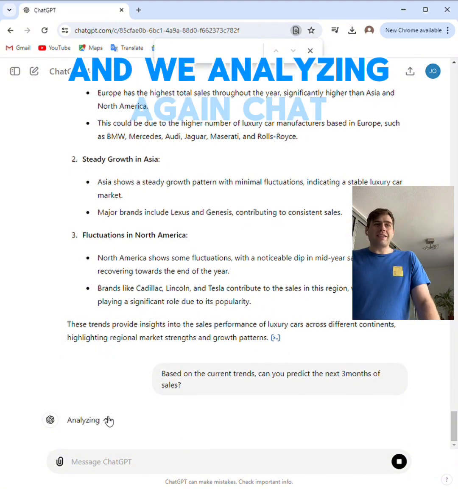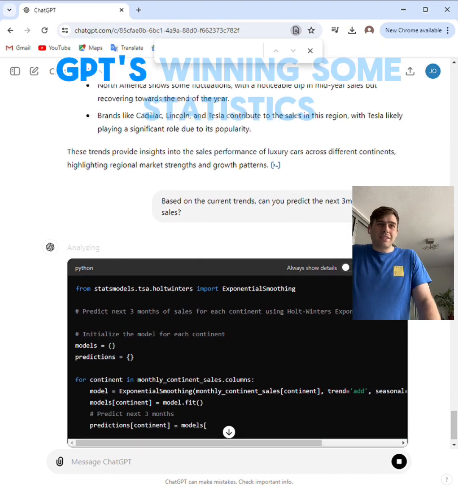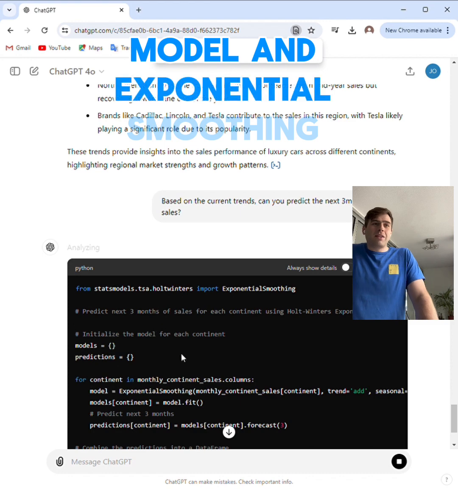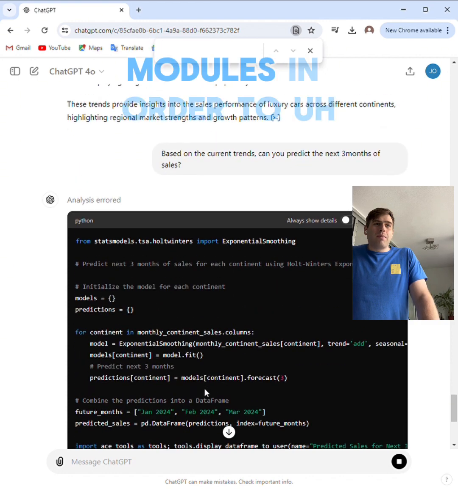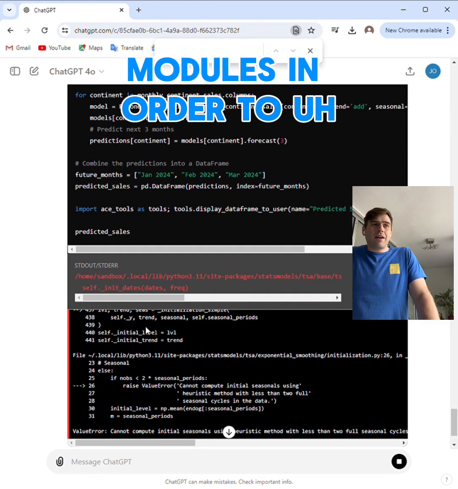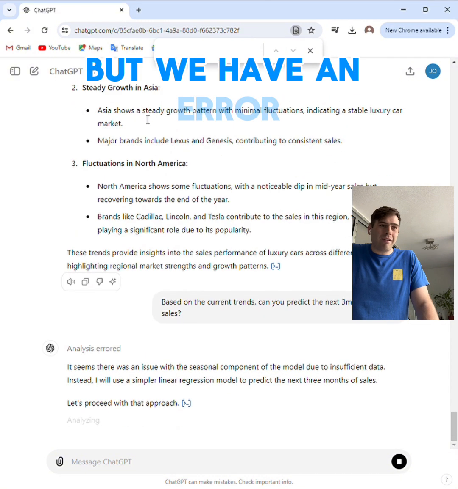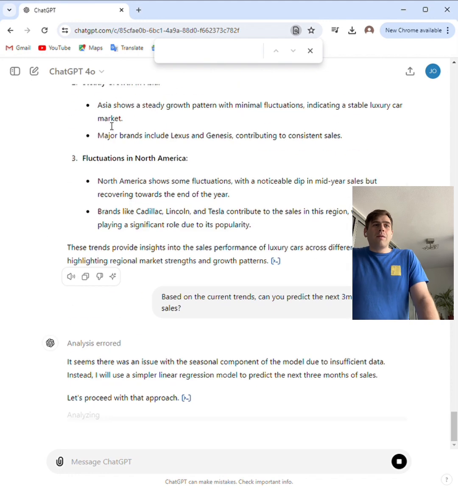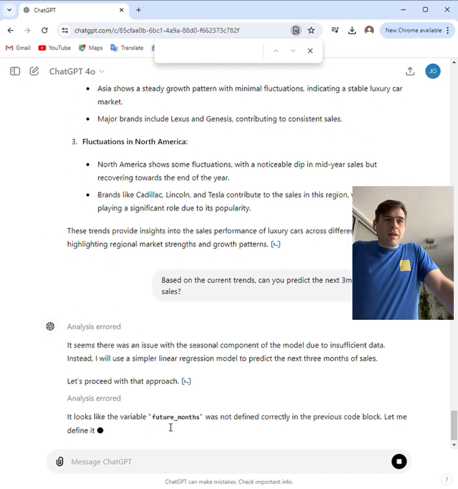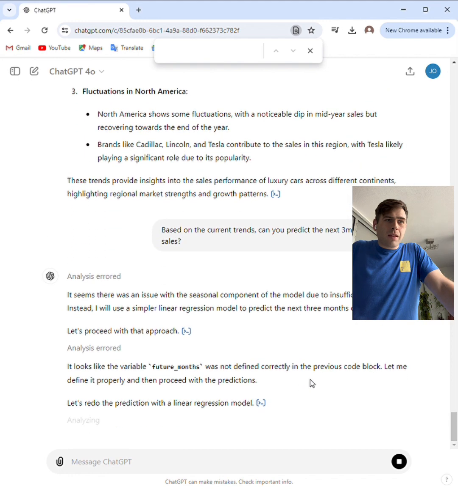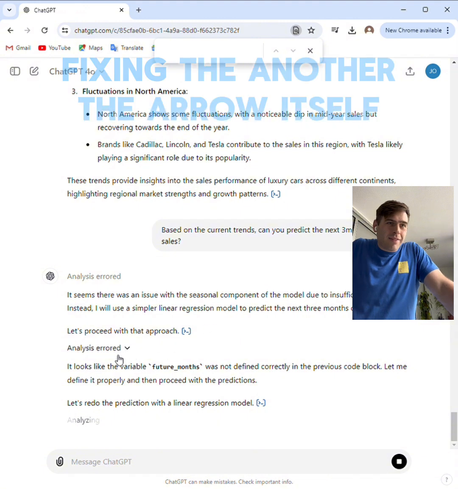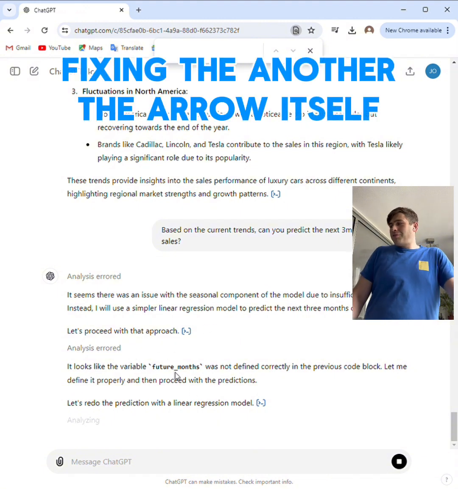And we're analysing again. ChatGPT's running some statistical models and exponential smoothing in order to... oh, but we have an error, so it's reworking. Here it's fixing the error itself.